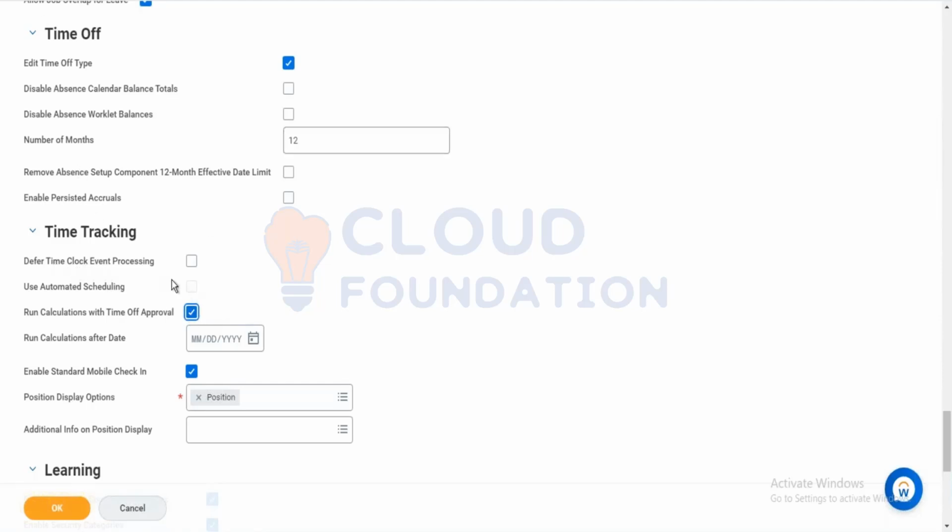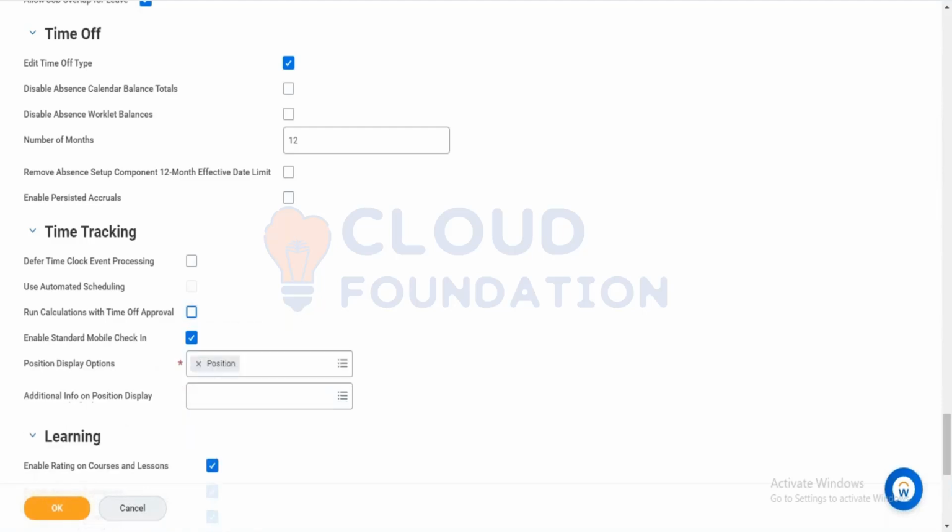Defer time clock event processing: if two, three events are colliding with each other, they shouldn't be mixing up with each other. You need to enable that. These things need to be remembered by heart. Suppose tomorrow your organization tells you, Radha, please configure time tracking, for the mobile users you need to enable this first.